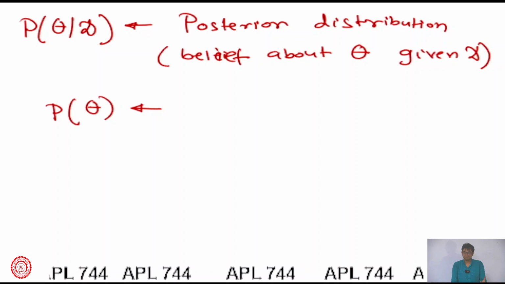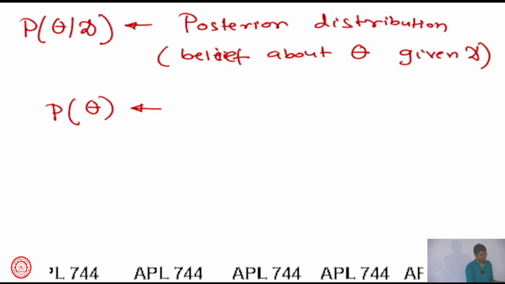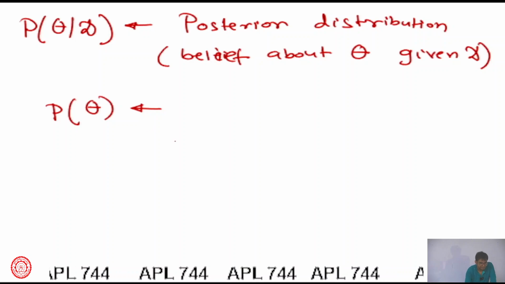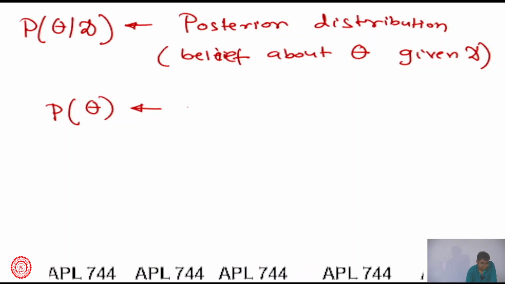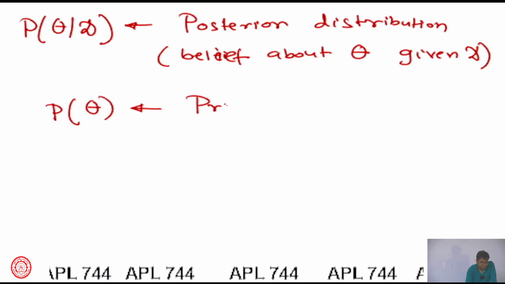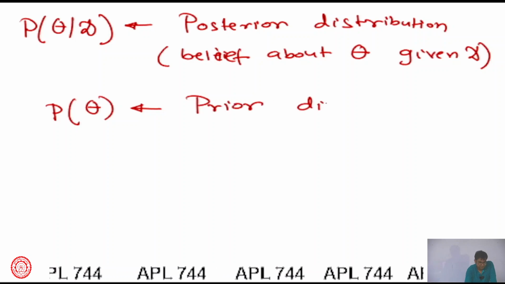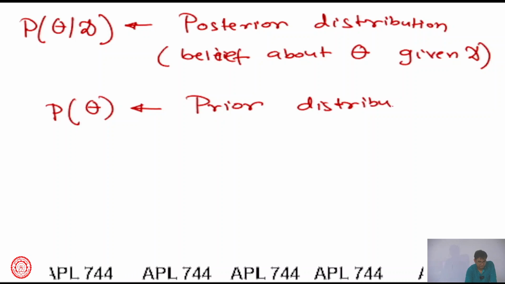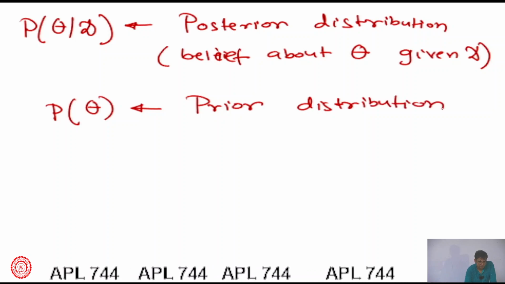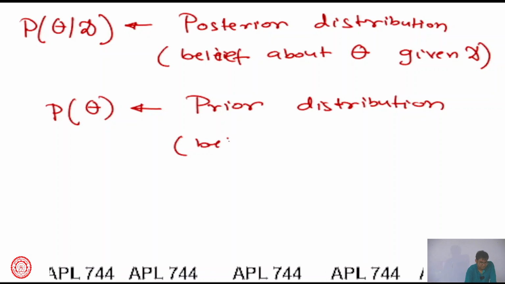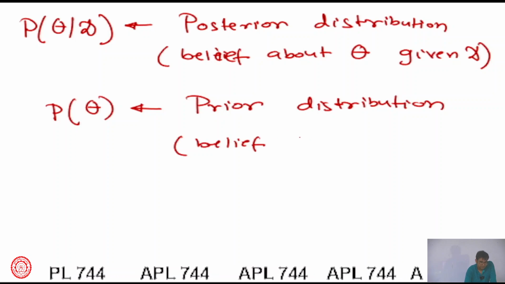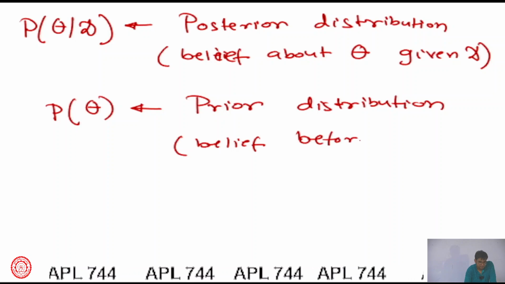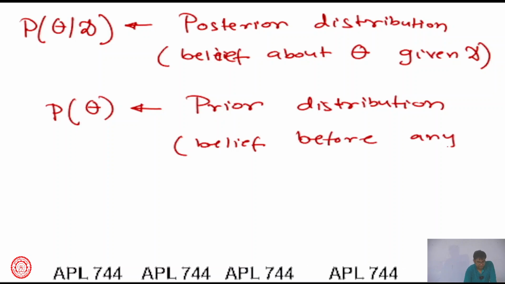If you have such a belief, that becomes your prior. So, this is the prior distribution, belief before any observations.